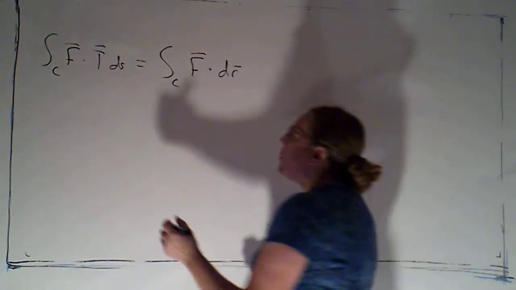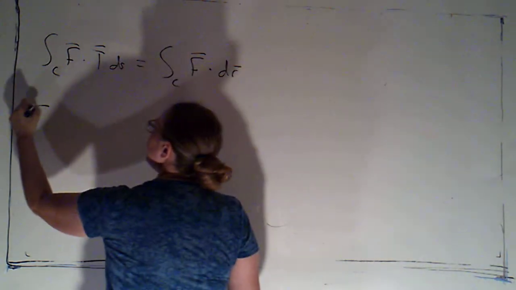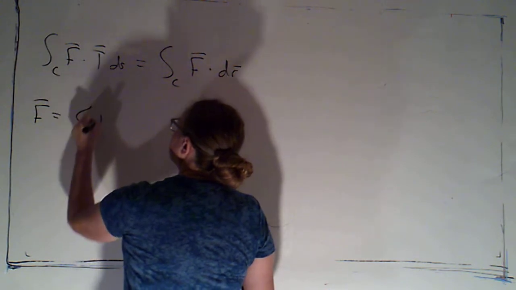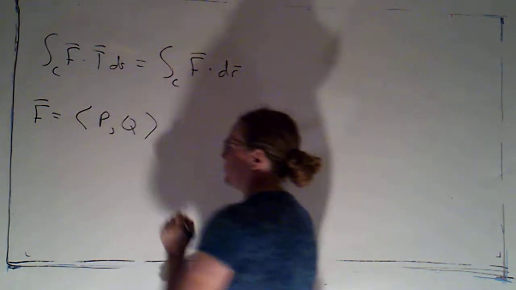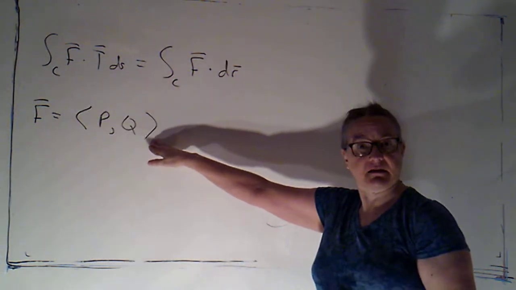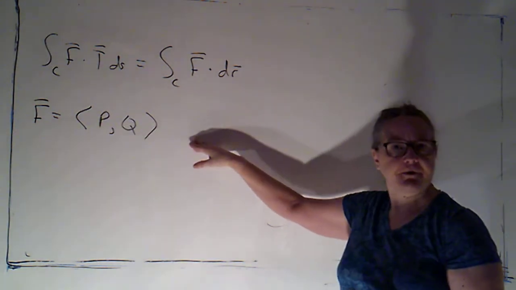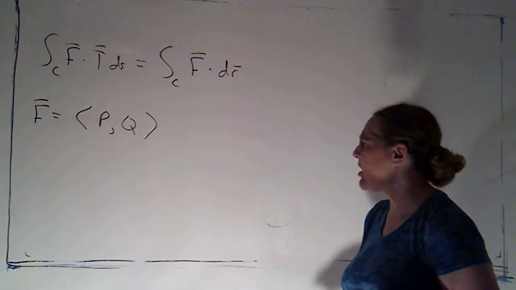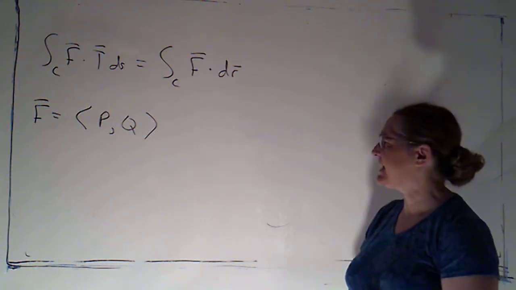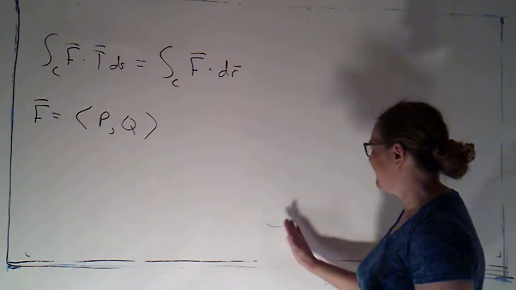Okay. We can also, if f is pq, and now I'm just going to write this out as if we're in 2 space. Obviously, if we were in 3 space, there would just be a third component function, which I would probably call r, because that's the next letter in the alphabet. Okay.